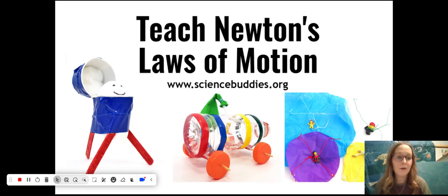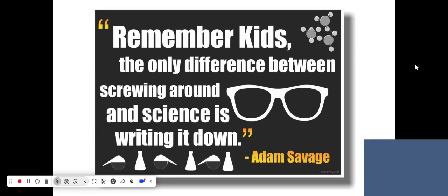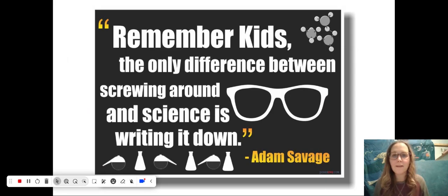The quote that my fellow science teacher has in his room is this idea that the only difference between screwing around and science is writing it down. So really encouraging your student to write down their results, draw out their diagrams, collect data, and really explain their thinking to cement those ideas in their head.